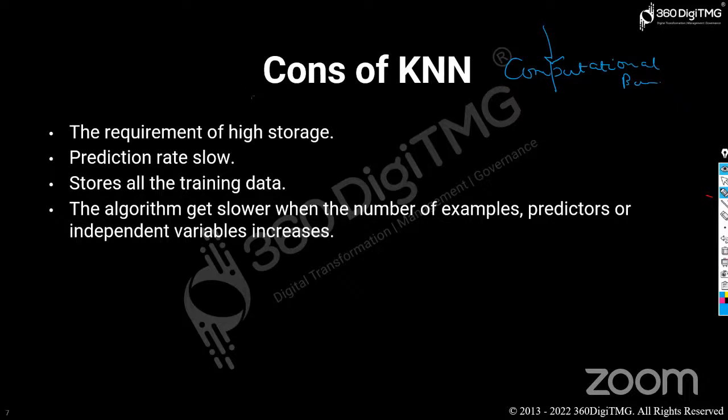Also, prediction rate is slow. Lazy algorithm. It stores all your training data. And the algorithm gets slower when the number of examples or predictors or independent variables increases.